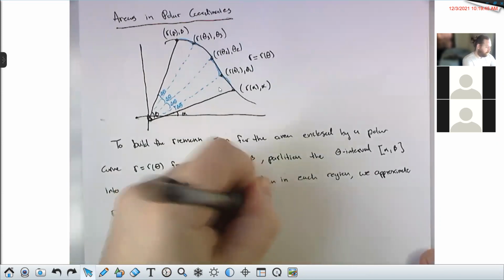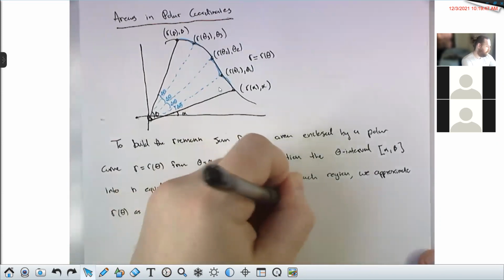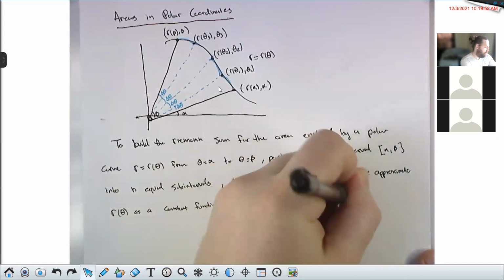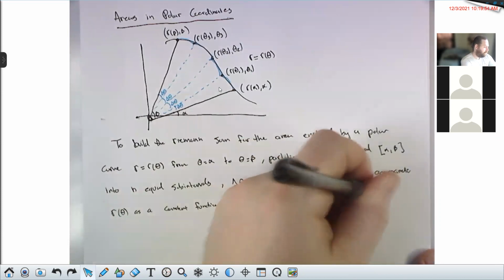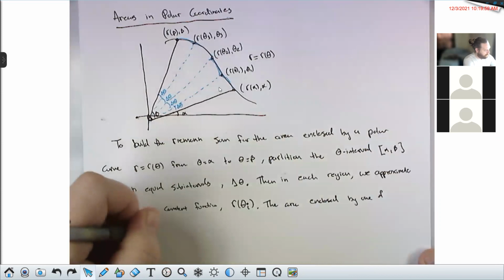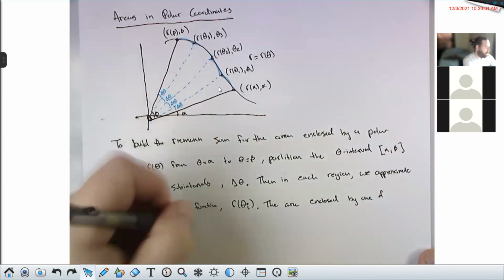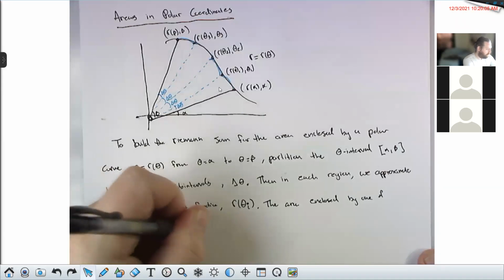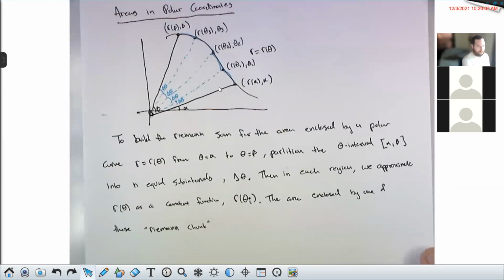The area enclosed by one of these, call it a Riemann chunk, I don't know, I don't want to give it away.